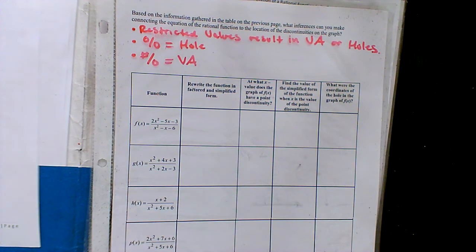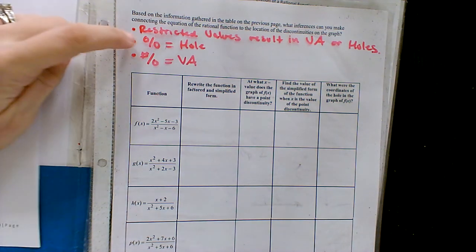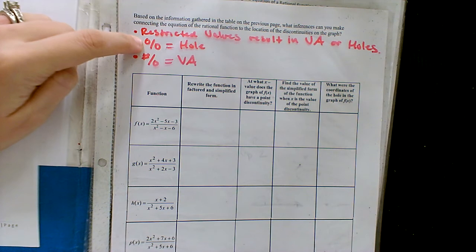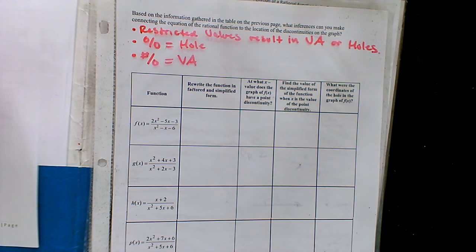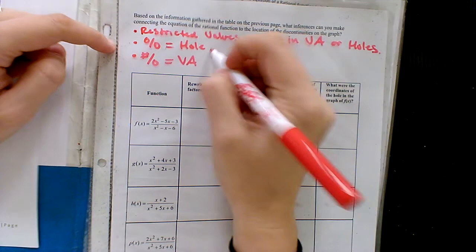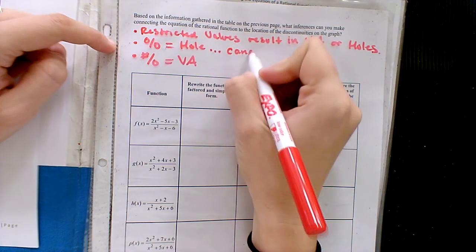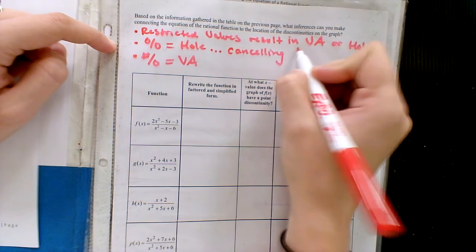If we were to do some factoring technique on top and bottom, and we plug in a number up top and bottom and it makes it 0, that means we have a factor up top and bottom. Which means if we're dividing and those factors are exactly the same, we can cancel those out. So for holes, we have canceling factors.